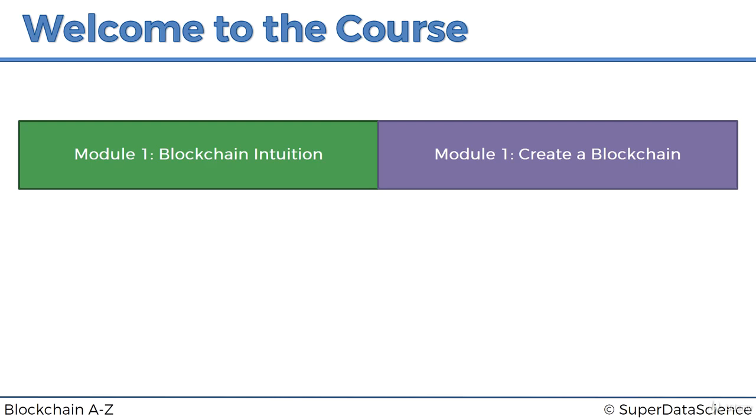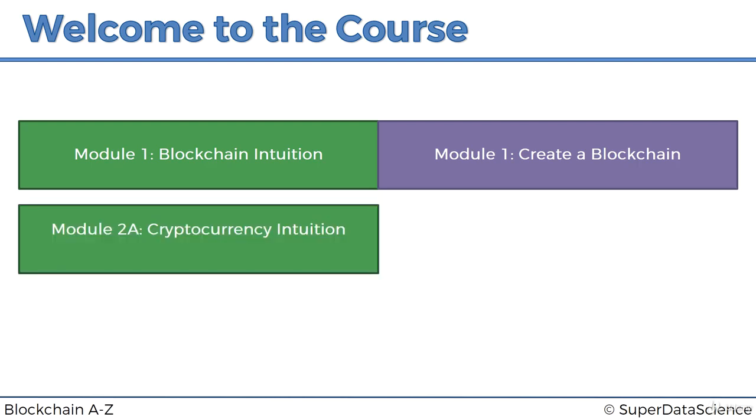a step-by-step of how to program your own blockchain. Then we'll move on to Module 2, which consists of two parts in terms of the intuition. Module 2a is the cryptocurrency intuition, where you will find out all of the fundamentals of how cryptocurrencies work. And Module 2b is the cryptocurrency transactions intuition, where we will dig even deeper into how transactions work for cryptocurrencies.